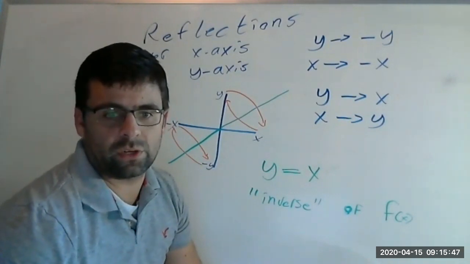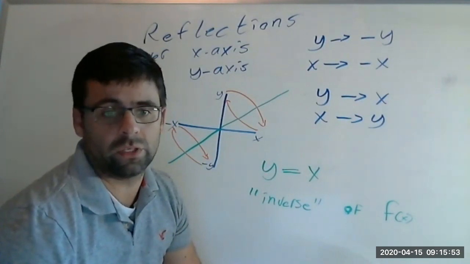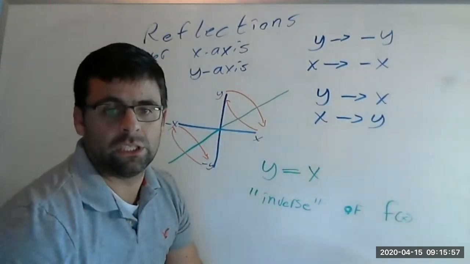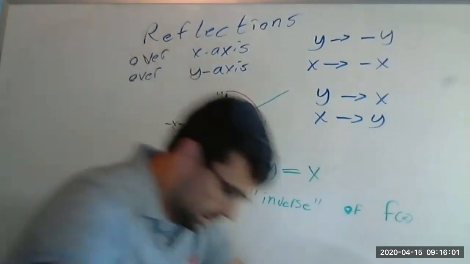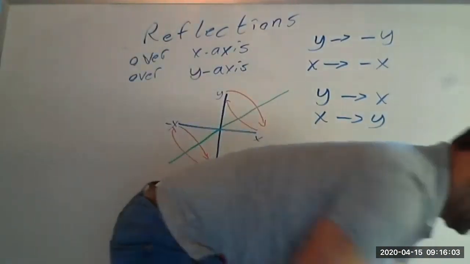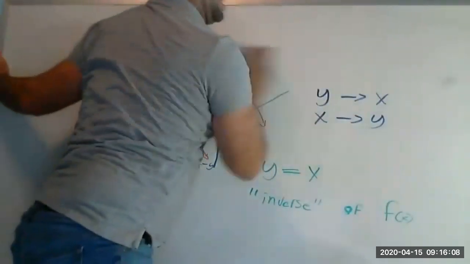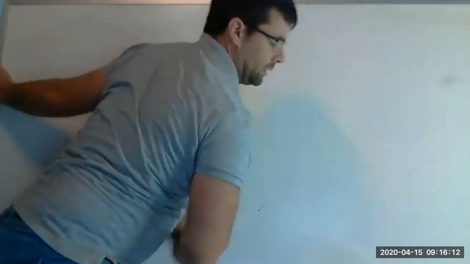So now we're going to start with the new family, the final family of transformations. And these are called non-rigid transformations.